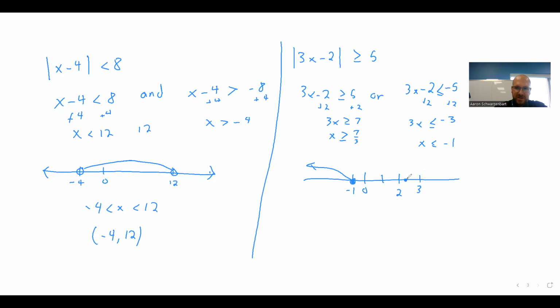Seven thirds is 2 1/3, closed circle going that way. Interval notation could look like this. We use a union for the OR. Oops, 7 thirds, not 7 comma 3.